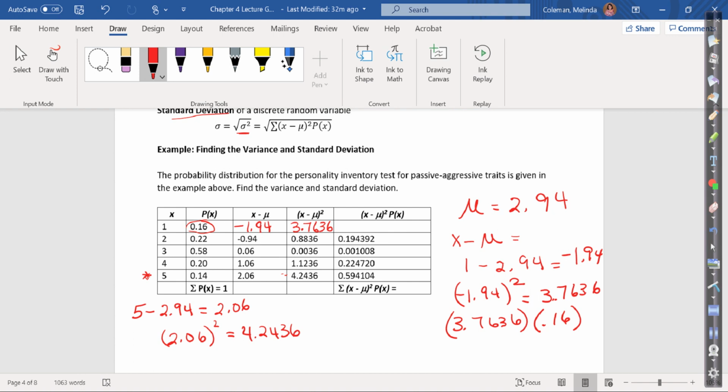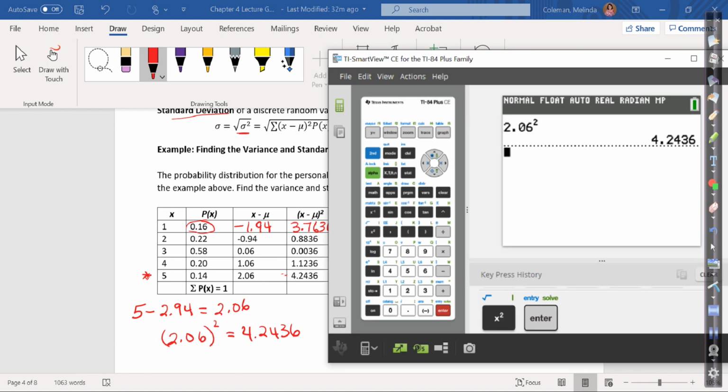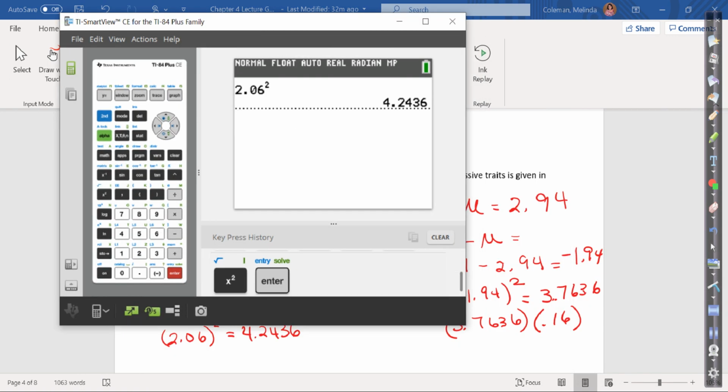And when I do that, I get 0.602176. Again, on my calculator, that would be 3.7636 times 0.16, and that gives me 0.602176.